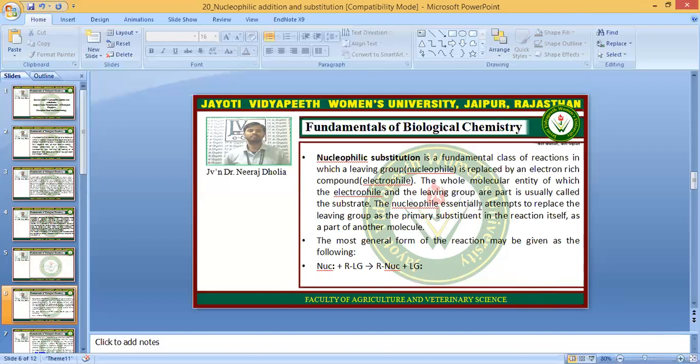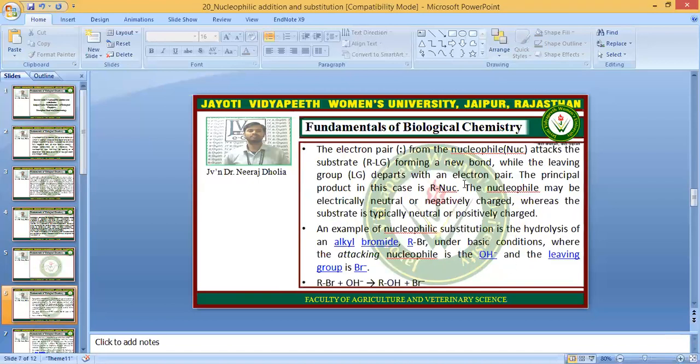The nucleophile essentially attempts to replace the leaving group as the primary substituent in the reaction, as part of another molecule. So this is the generalized reaction for nucleophilic substitution. So it is a leaving group, this is the nucleophile.